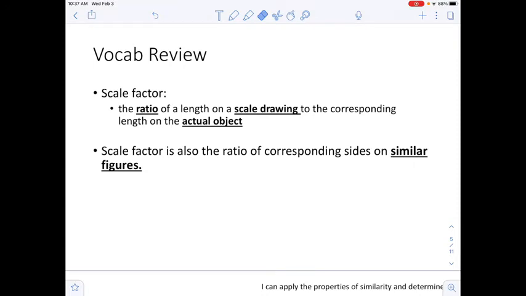Just some review here. Yesterday, or in lesson 6.6, we talked about scale factor. So scale factor is the ratio of a length on a scale drawing to the corresponding length on the actual object. So in 6.6, we set up that ratio as model over actual.